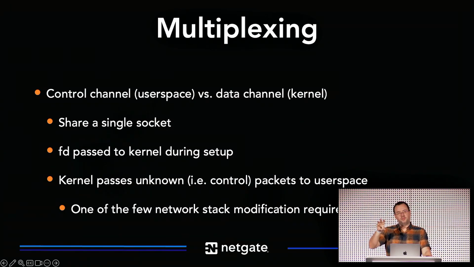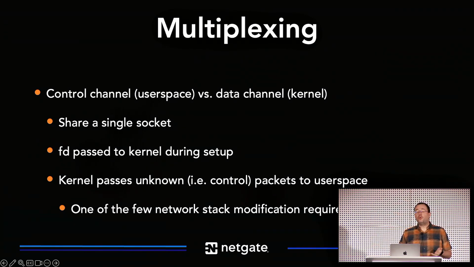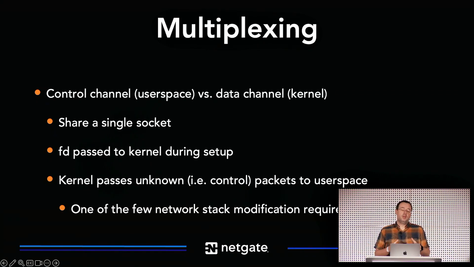The kernel will use this file descriptor attached to it with that tunneling function. But then when unknown packets arrive, so control packets, or possibly also packets for peers that the kernel doesn't yet know about, the kernel will hand this packet back to user space.